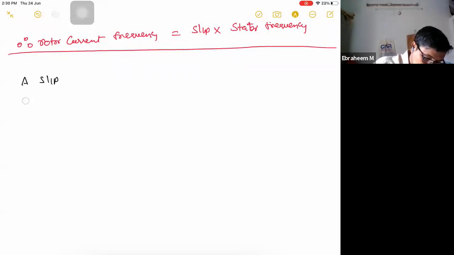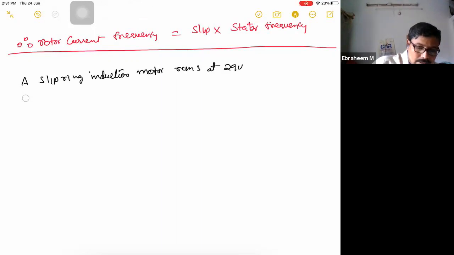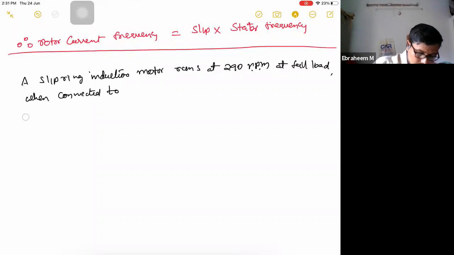A slip ring induction motor runs at 290 RPM at full load, when connected to a 50 Hz supply.